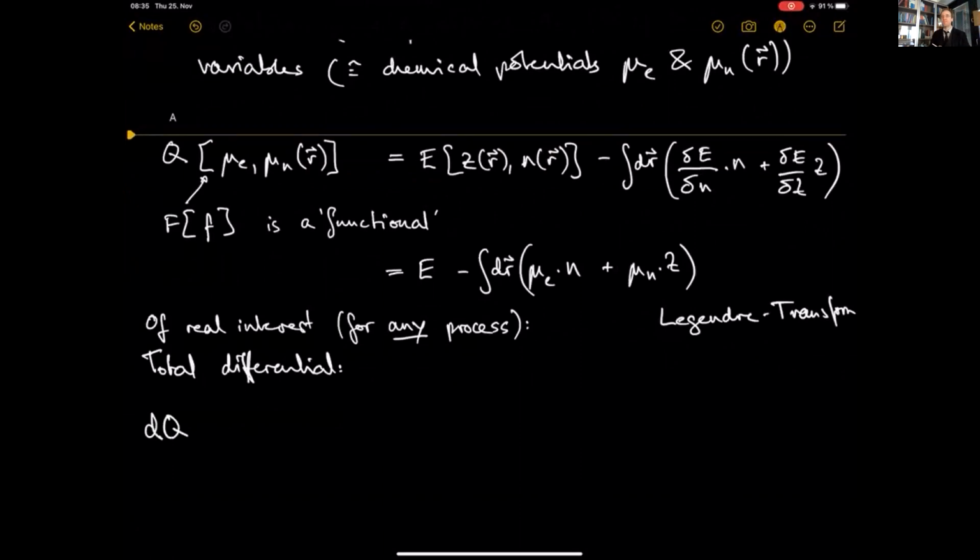What is dQ? That is, first of all, dE. And then we have the various contributions from all the variables that enter here. So Ne d mu E.